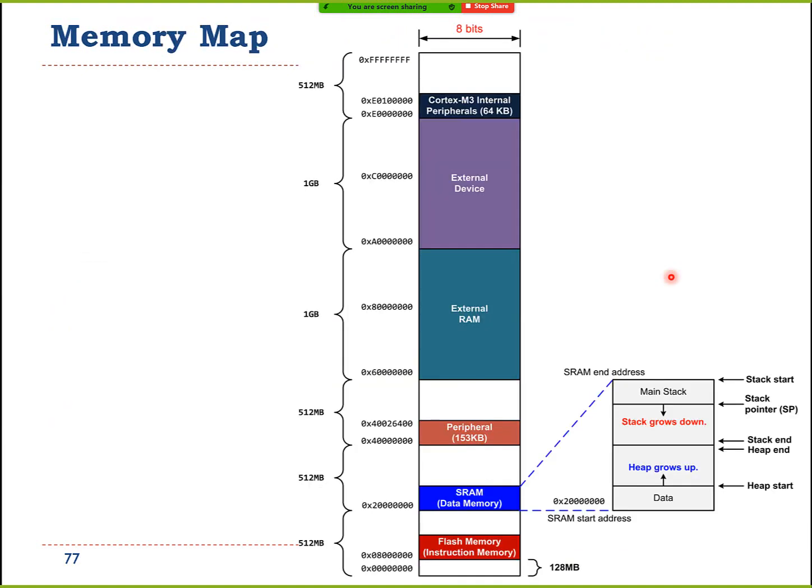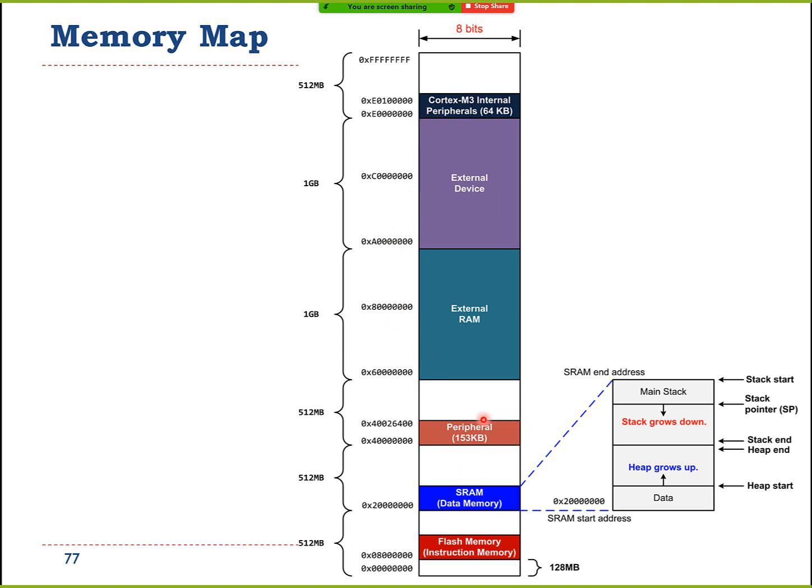And this is called a memory map in our microcontroller, right? For the processor, every module has a memory address, right? So external RAM might have an address starting from one location and ending in another one. Another device might have other addresses.